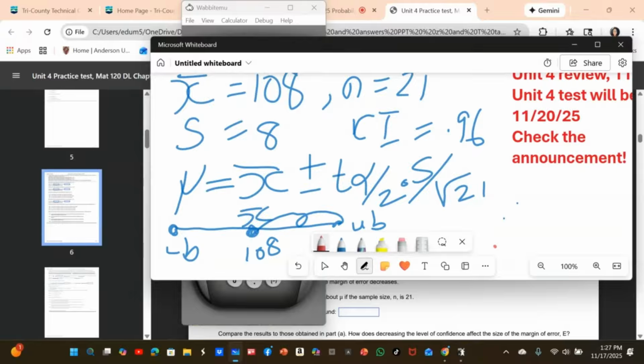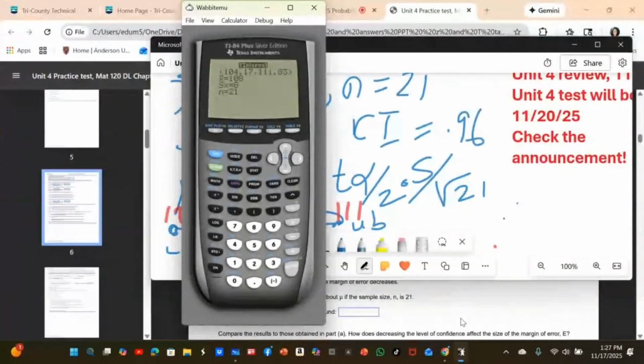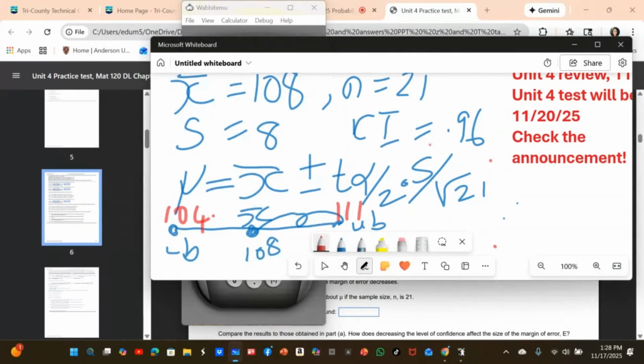Right here is 104, and this is 111. Let's go back and get the decimals: the decimal to the left is 0.17, and the other one is 0.83.